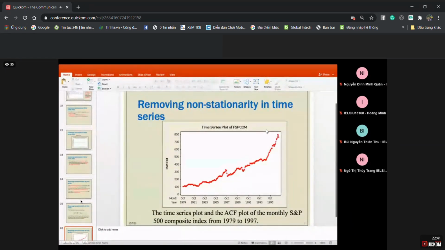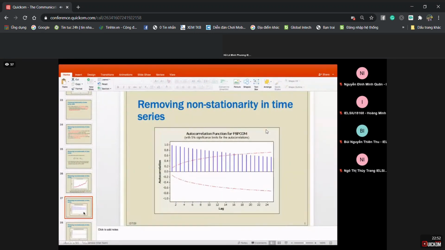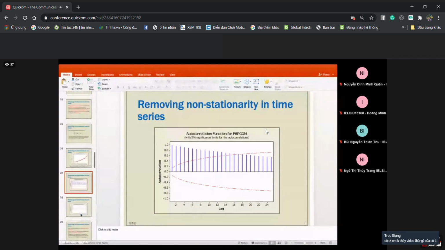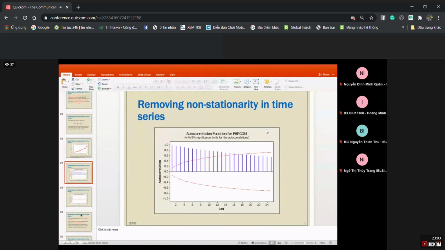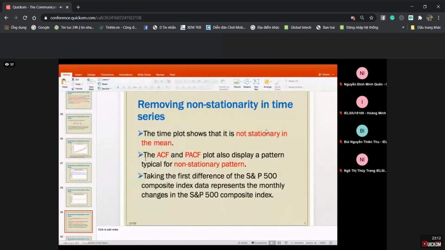So see here, that is the non-stationary, the original one. These are the plots, and the ACF, the autocorrelation function, and here the partial ACF. So let's see how they remove that.